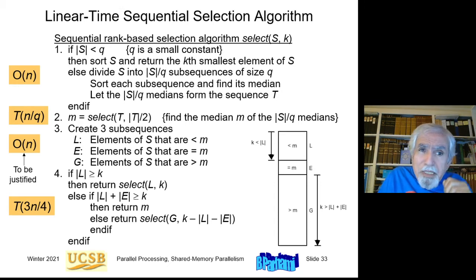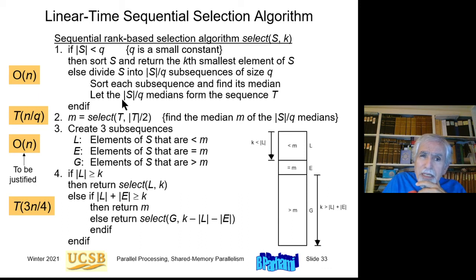Okay, so this is basically the sequential algorithm for selection written in pseudocode. If the list is small enough, then we don't need to apply this divide and conquer algorithm. We just do the selection directly. So this is this part.